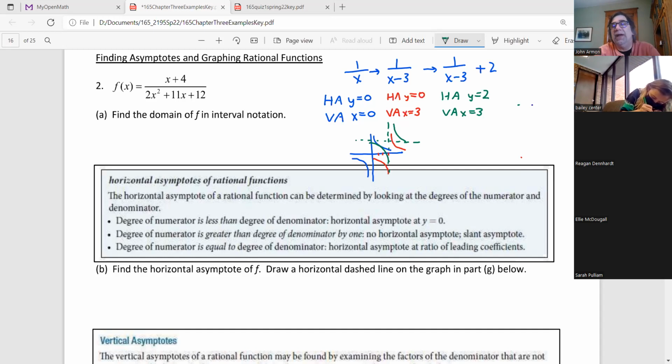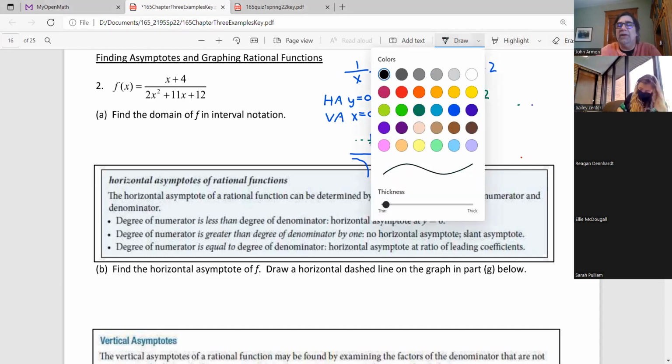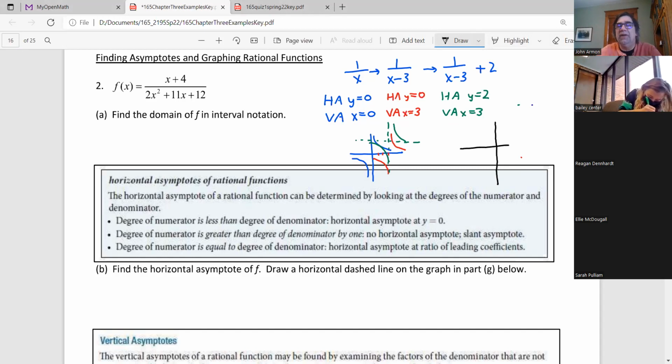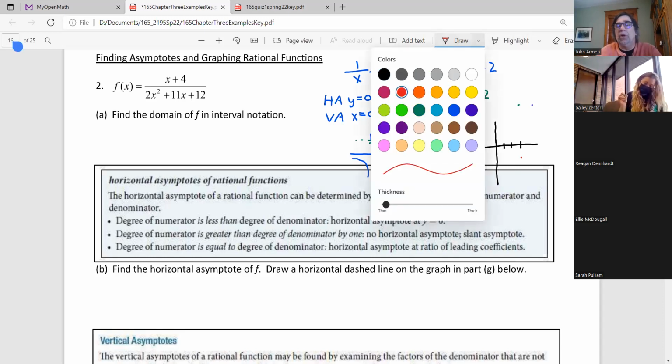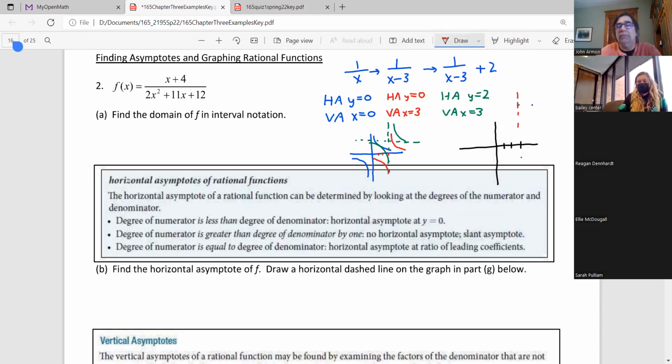So when you draw these by hand, I would appreciate dotted lines for the asymptotes, because we can actually draw these a little better than the calculator can, because we can put in those dotted lines. So if I ask you to draw this function kind of on its own, go out to 3, draw your vertical dotted line, and say that is your vertical asymptote.